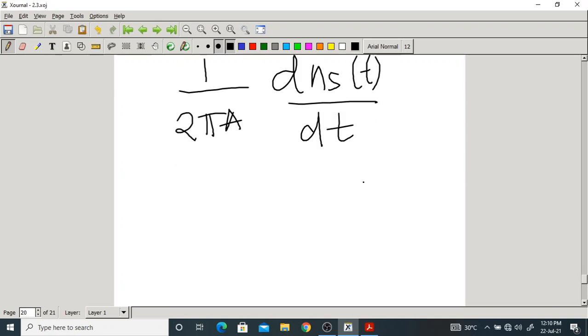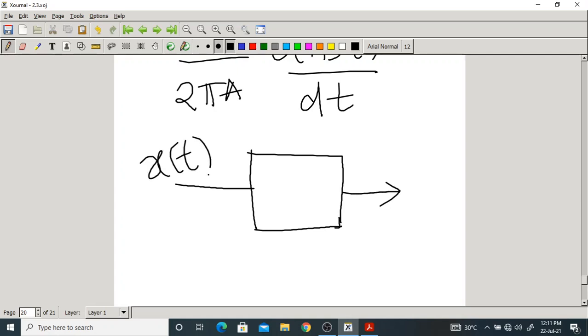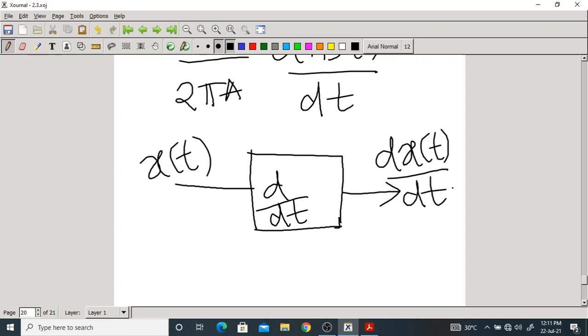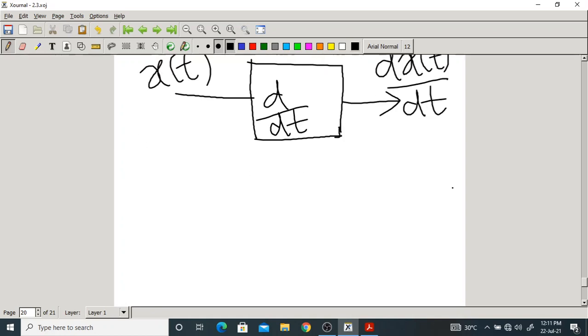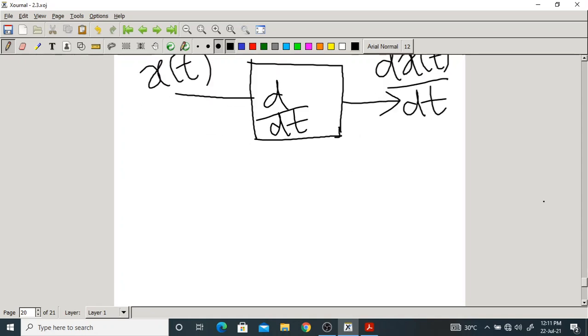Okay, now so here what will you do? Suppose you have a system, a differentiator. Let's take x of t, differentiator d by dt. So this is dx of t by dt. I am taking a general example. So what is the Fourier transform of d by dt?